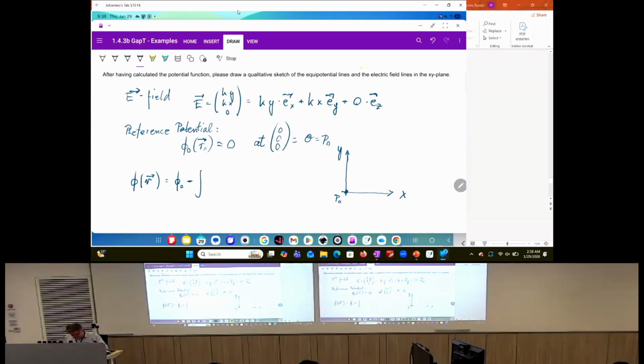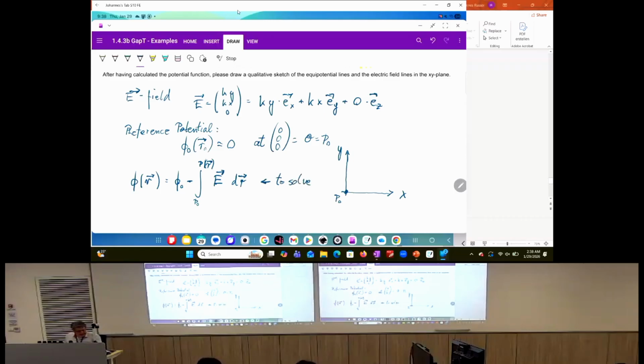And then we integrate from that reference point to the point of interest, that is P of R, over the electric field. I skip the dependence here; of course, the electric field depends on R, the bracket of R, I just left it out, but that's understood. And that is what we have to solve for.